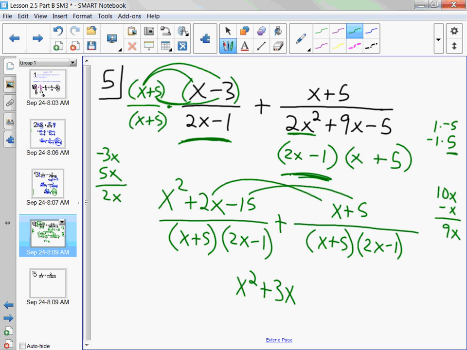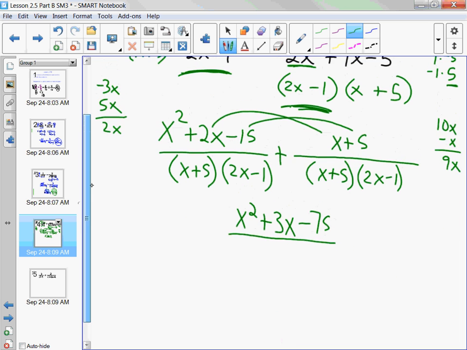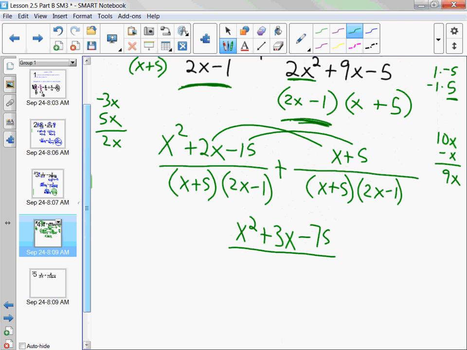Negative 15 plus 5x makes... no, negative 15 times 5 is negative 75. And then we have x plus 5 times 2x minus 1 as our common denominator.